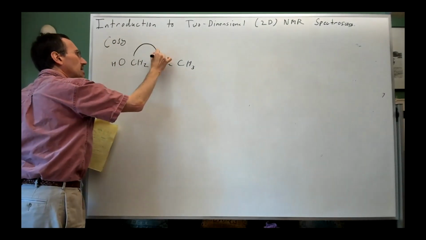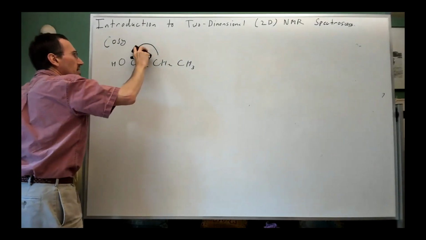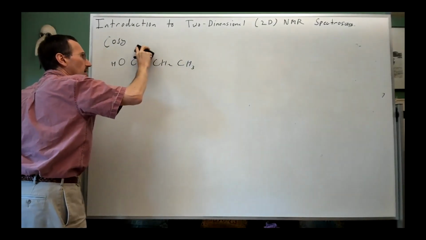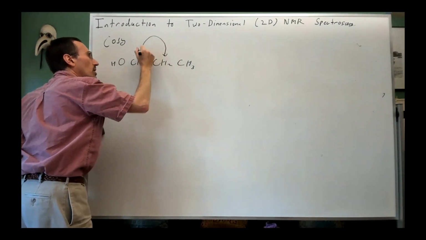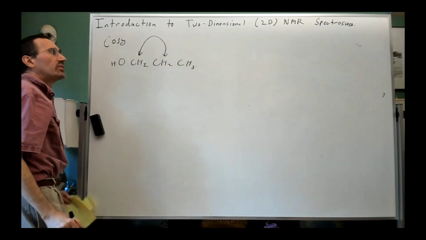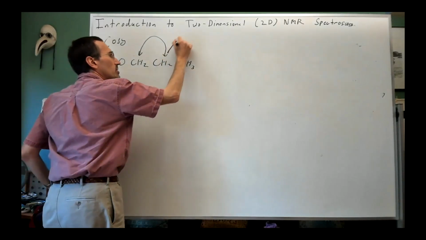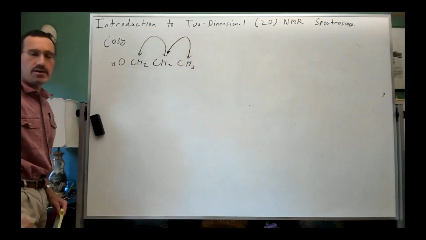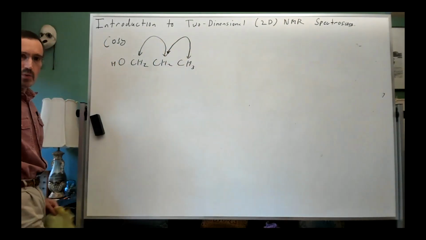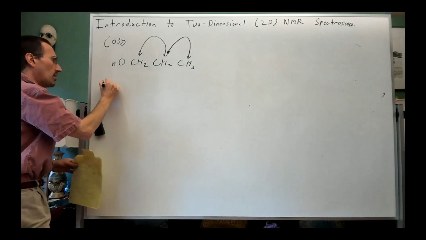is we're basically going to, and I think I'll be kind of neat here and draw my arrows to my hydrogens. We're going to see that we have this type of correlation and this type of correlation, just like I hinted at with the tetrahydroquinoline example.